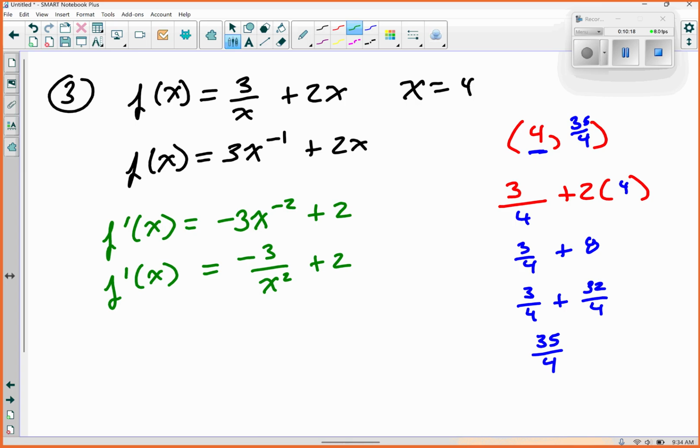What do you think? My math all right so far? Dude, we got a nasty fraction for the y value, don't we? 35 fourths, roughly 9, or 8.75.